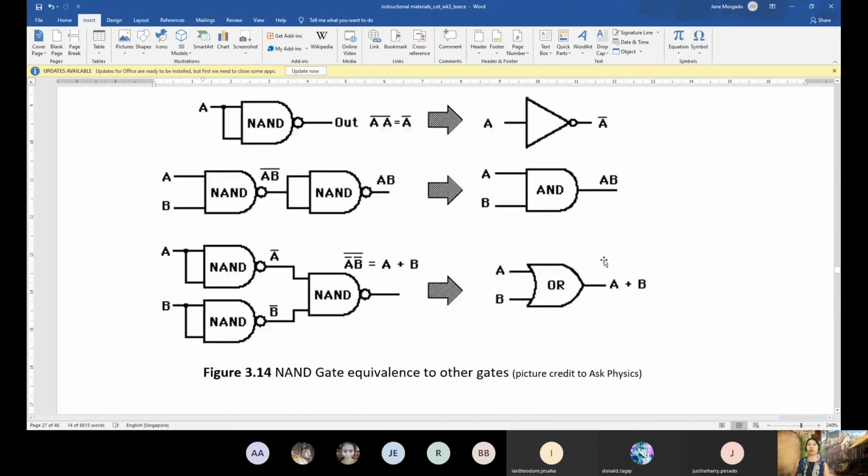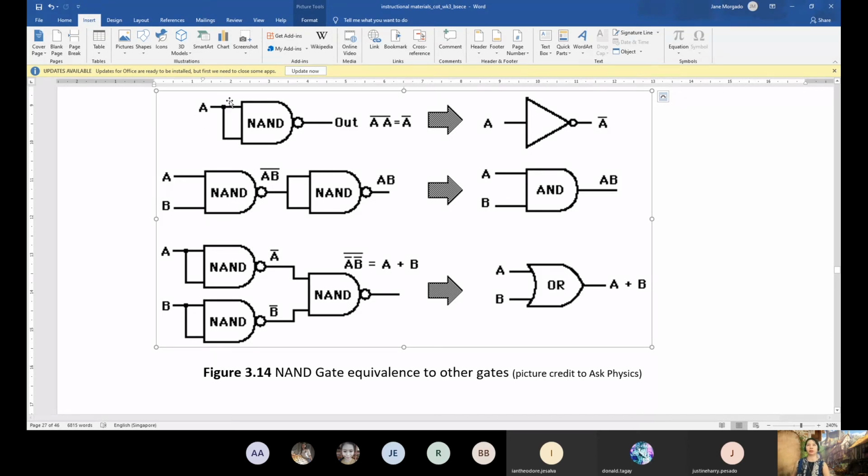So here are the equivalents of the NAND gate. If you have this configuration, as you can see, if you have a two-input NAND gate and you just tie the inputs together, it becomes equivalent to an inverter. Why so?